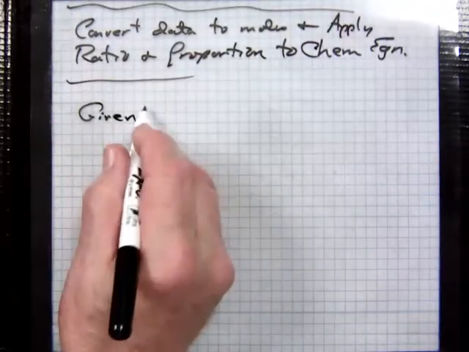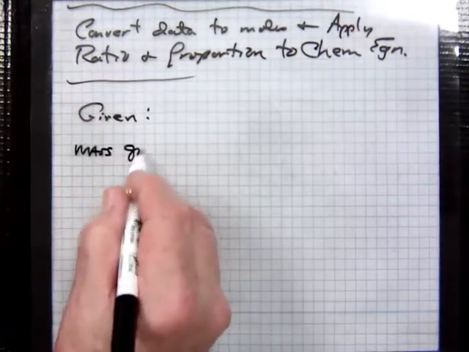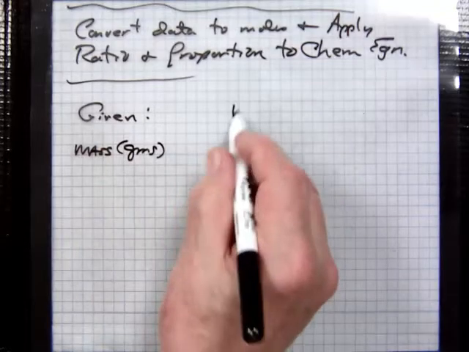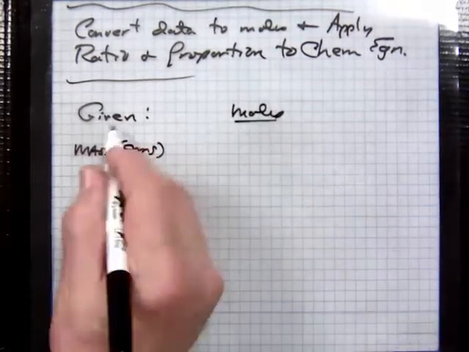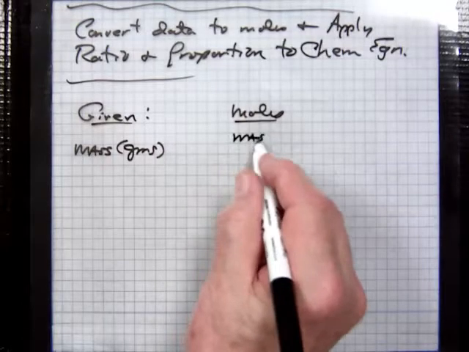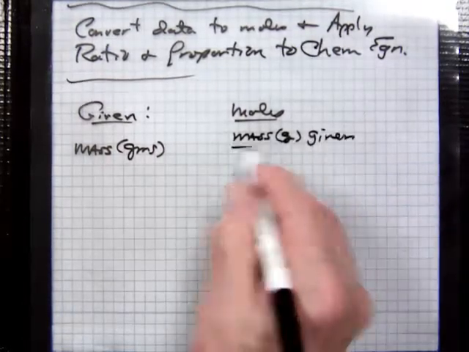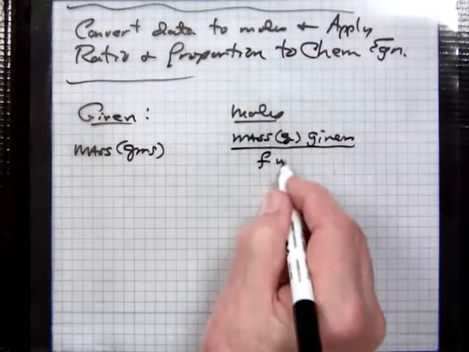Given mass in grams, moles is the mass in grams given divided by the formula weight.